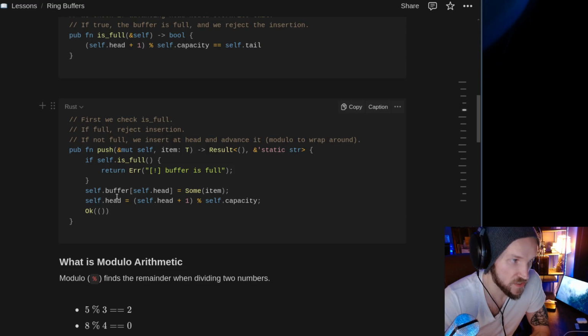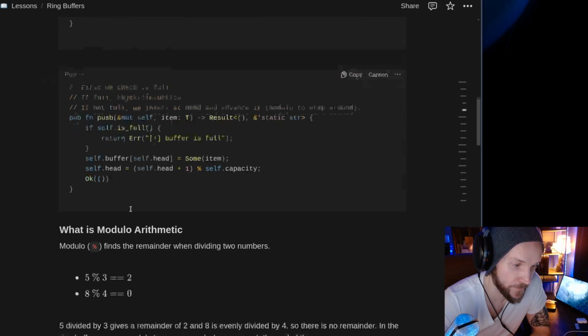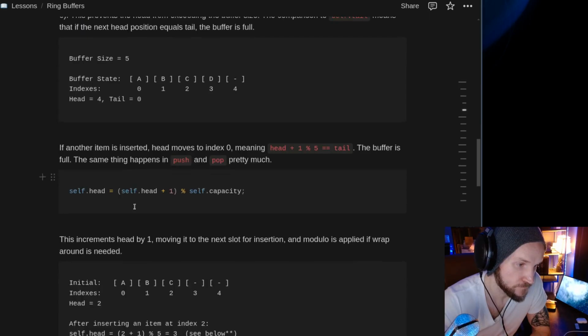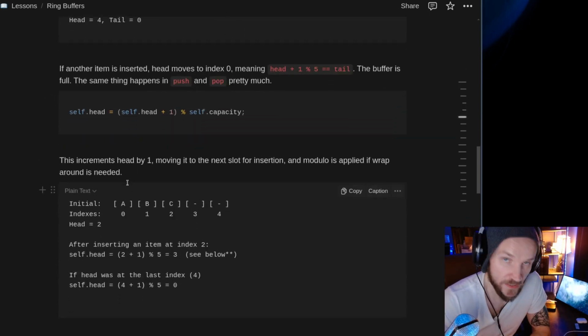So self.buffer at the available slot, we're inserting an item, and then we're advancing to the next index for when we want to insert something. Like I said, this increments head by 1, moving it to the next slot for insertion, and modulo is applied if the wraparound is needed.